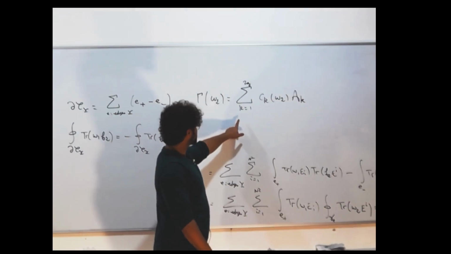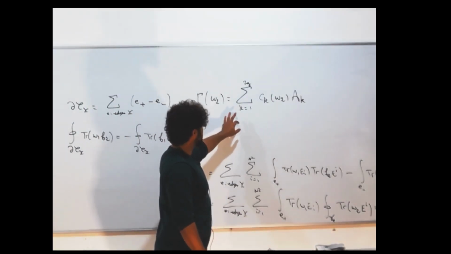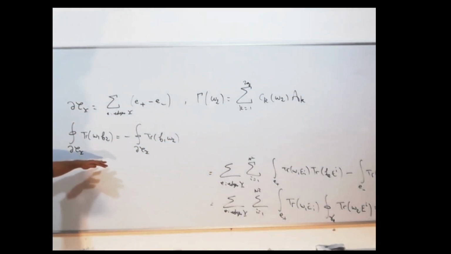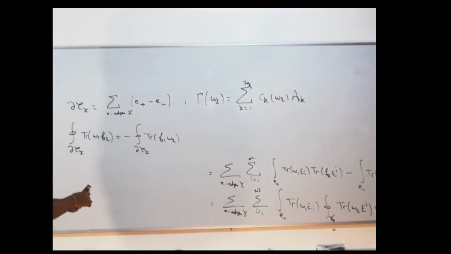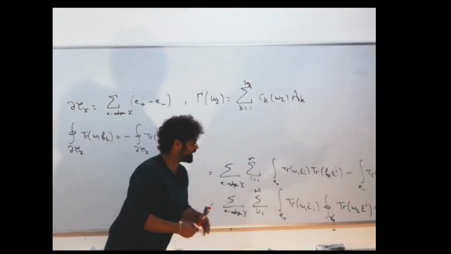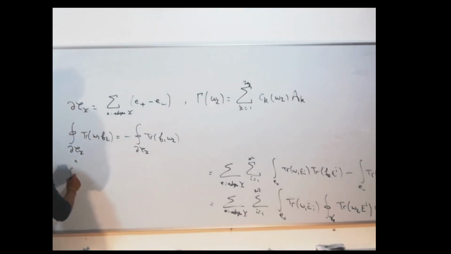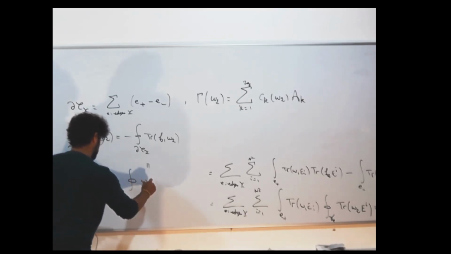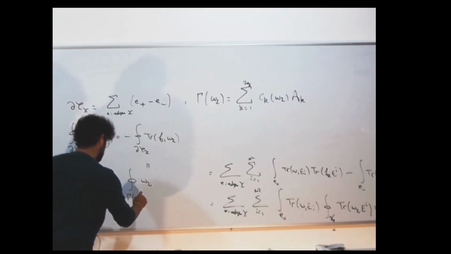So since this was also equal to that there, this was the integral of omega 1 gamma omega 2, this now is equal to minus the integral of omega 2 gamma omega 1.